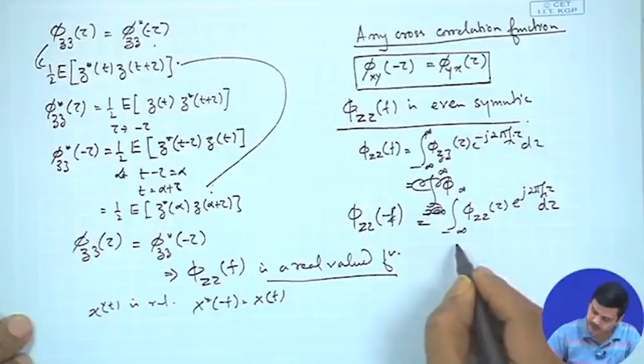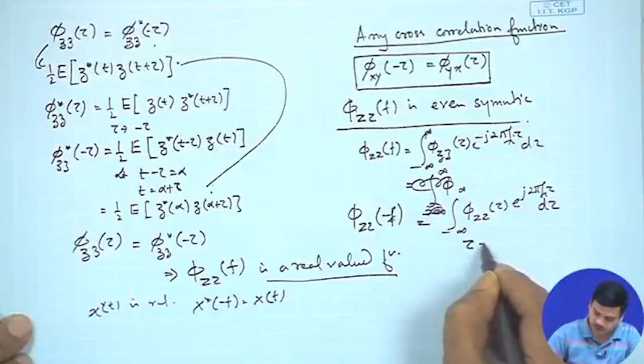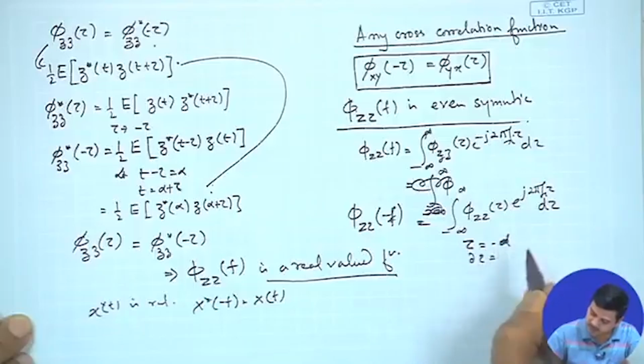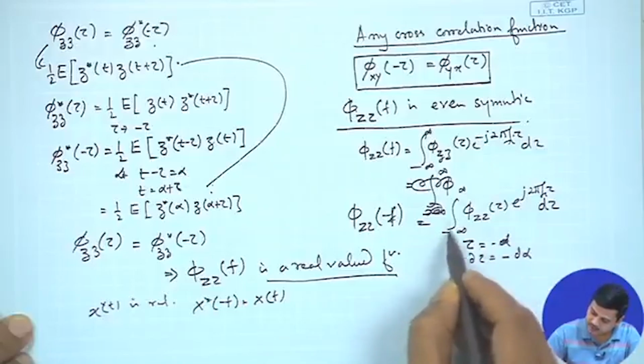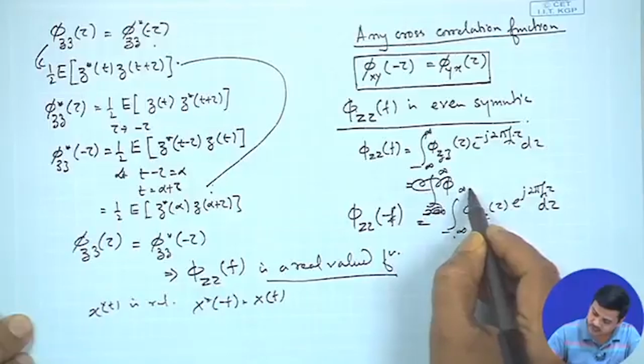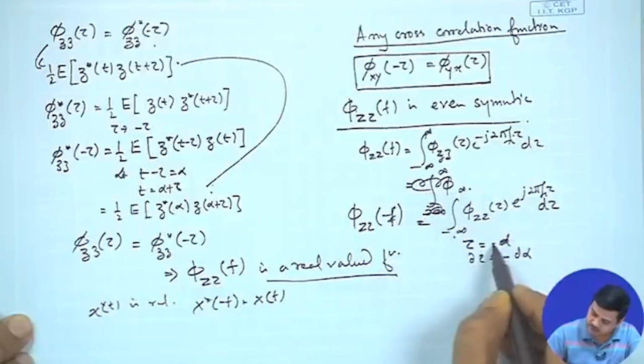At this point we would like to change over tau is equal to minus alpha. So if we let tau is equal to minus alpha, d tau would be minus d alpha, and this range of integral would change from infinity to minus infinity. However, because of this minus, again the sign is going to reverse.